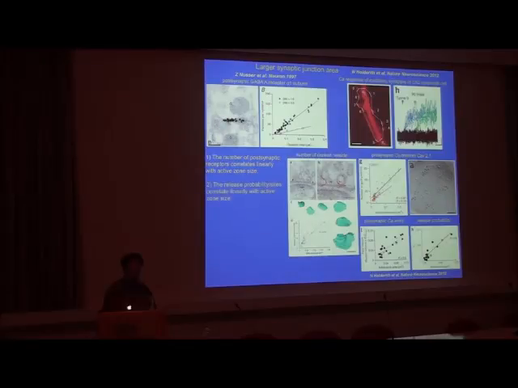And then the release probability sites correlate linearly with active zone size. And then we can assume that the synaptic current probably correlates with synaptic active zone size. So the measurement of the synaptic junction is very important to find out the power of each synapse.